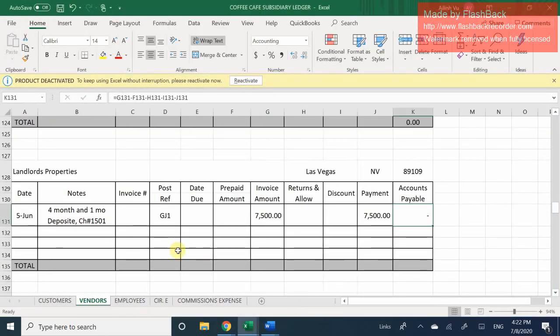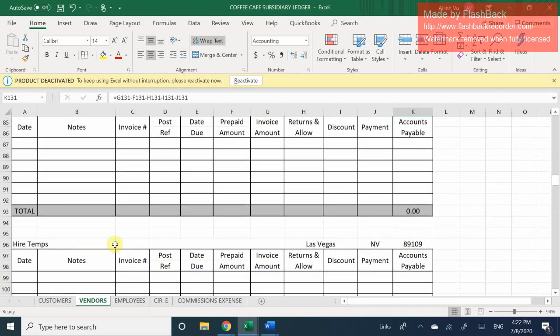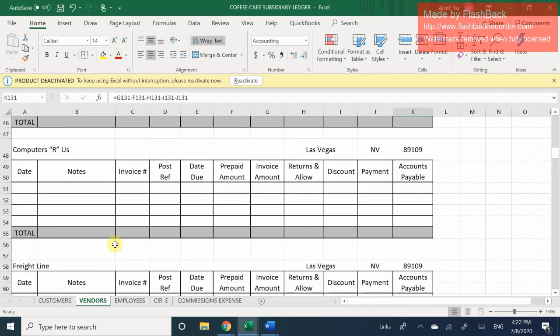And they are under alphabetical order. So Computers R Us is letter C. Found Computers R Us. I'm sorry, I got lost trying to catch up. What are we looking into right now? Right now we're on the subsidiary ledger. Oh, okay. Where are you on the general ledger right now?